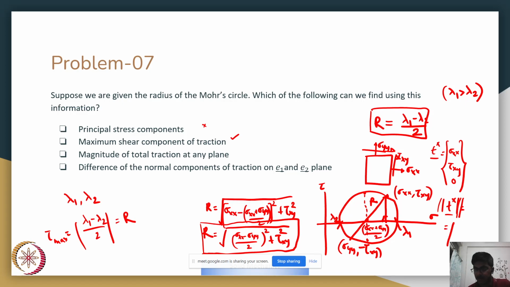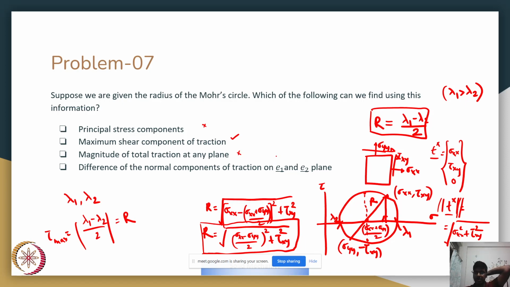Sir, sigma xx, sigma yy are given. But we are given only R, right? So we can't find this. R is this value, not this. So this is also not possible.